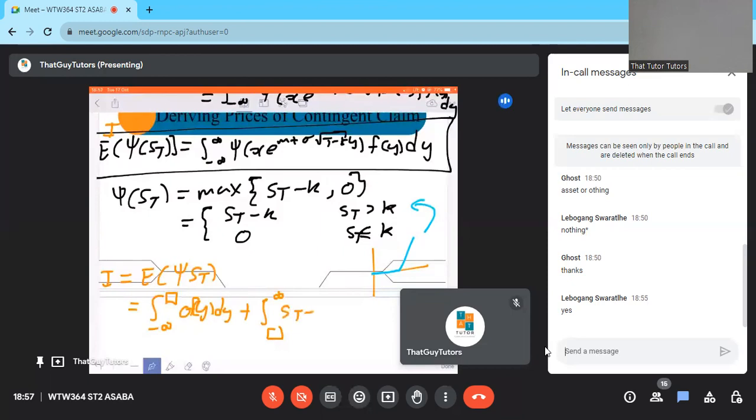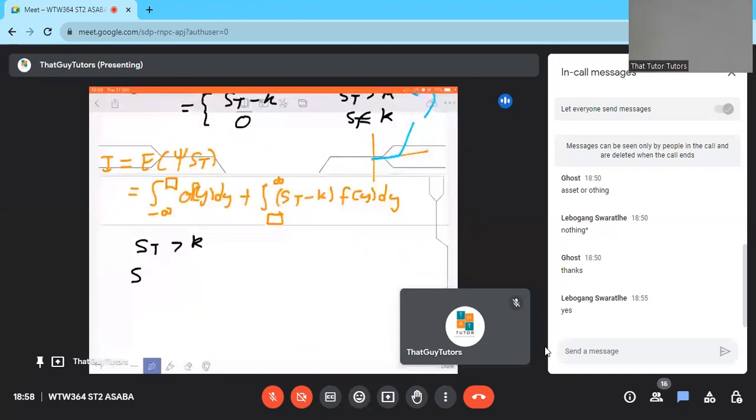So how do you find those parts that you don't know, right? S_T has to be greater than K. But then we also know what S_T is. So S_T is just going to be x e to the r minus one half sigma squared, times (T minus small t), plus sigma dW_t, and then this would be greater than K. But remember that this one you had to write as y, right?